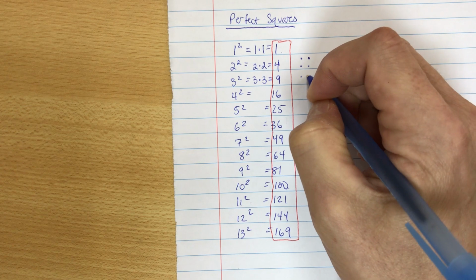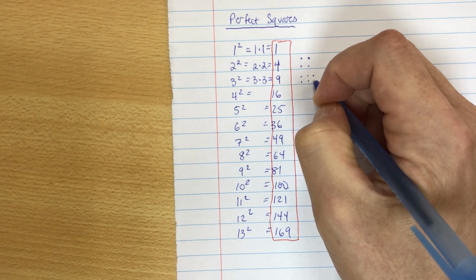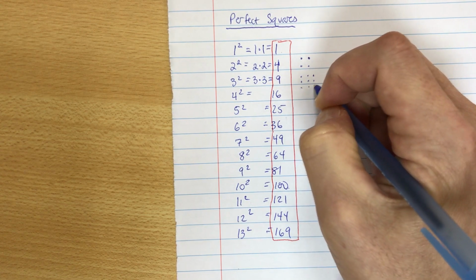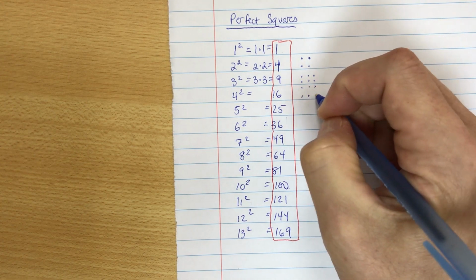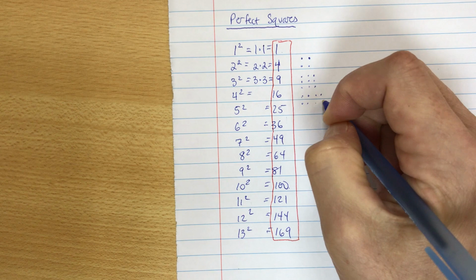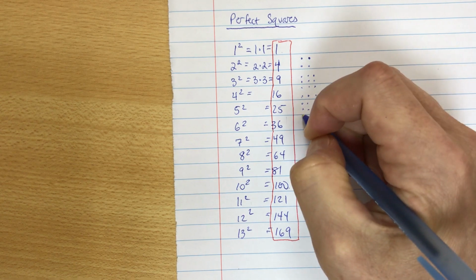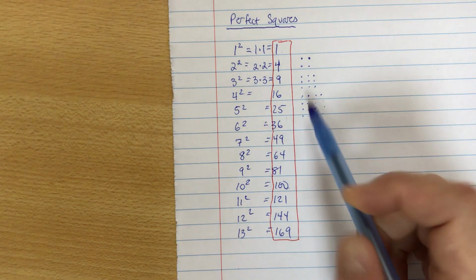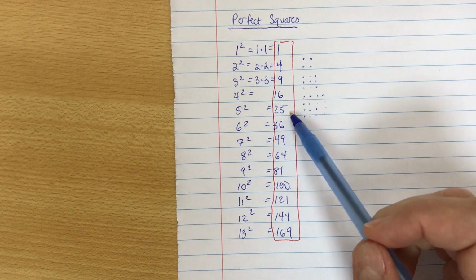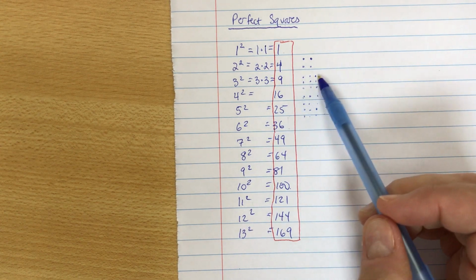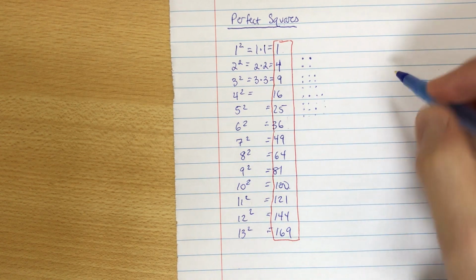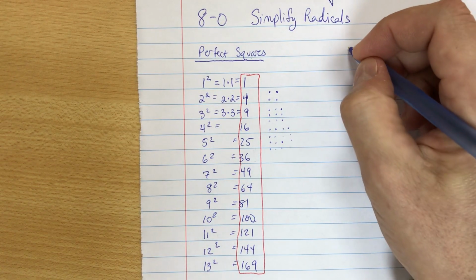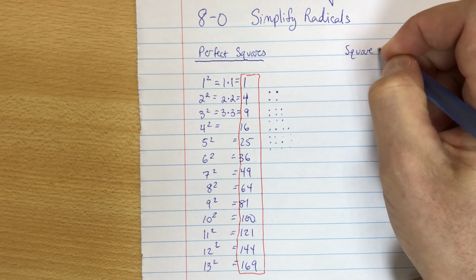If I have 9, I can draw a square that is 3 rows and 3 columns. That's a perfect square. 16 is 4, 4, 4, 4. So the idea of a perfect square is that I can take these numbers and organize them into an actual square.